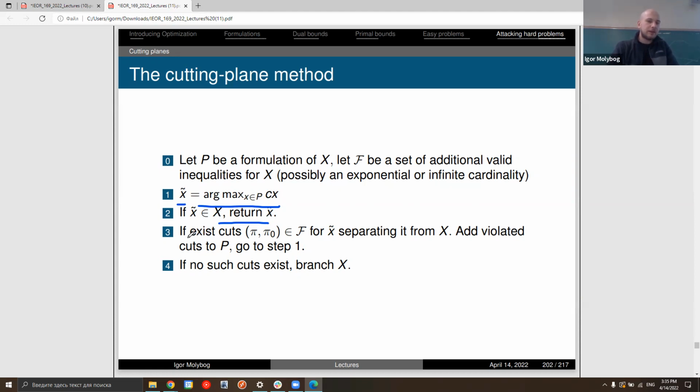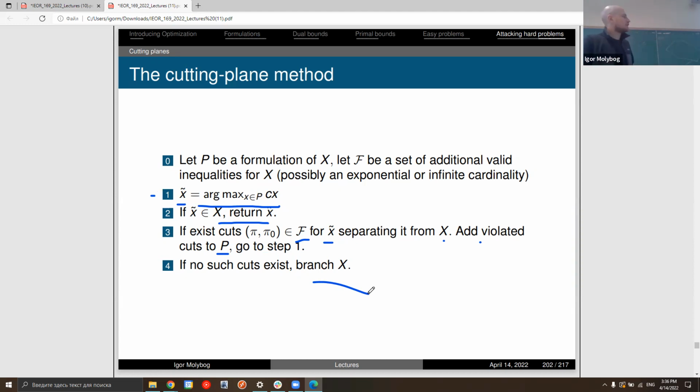If there exist one or several cuts, pi 0, in the set of valid inequalities that we are considering, separating X tilde from X, then we add the violated cuts to P and go to step 1. Then we just add the violated cuts to the original formulation and return to solution of the LP relaxation. If no such cuts exist, then we apply branching.